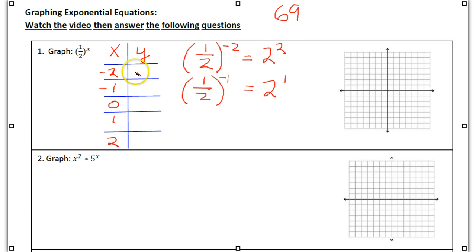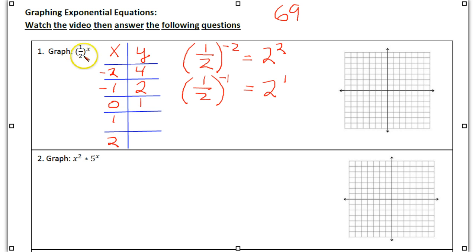So 2 to the second, this will be 4. Again, if it's 1/2 to the -1, you can flip that, make that a +1, and this is just 2. Now, anything to the 0 power is going to be 1.